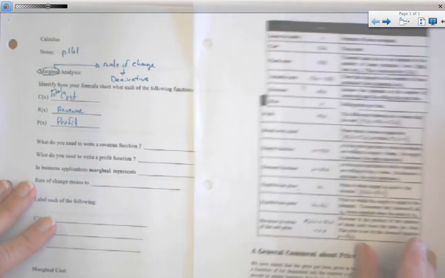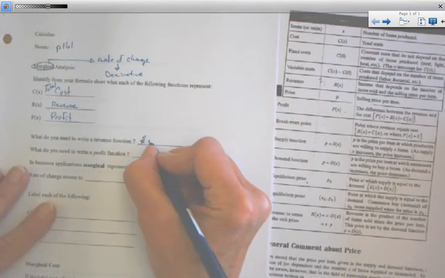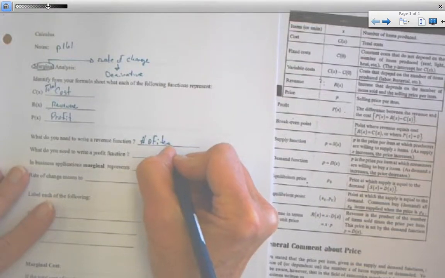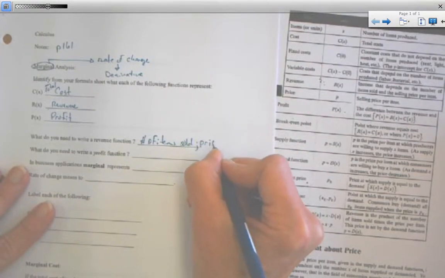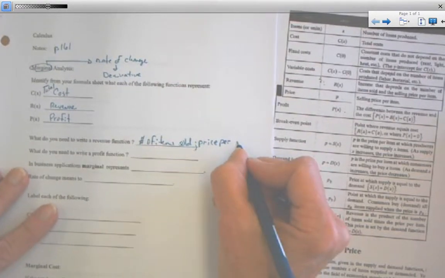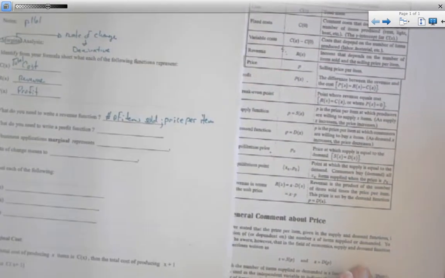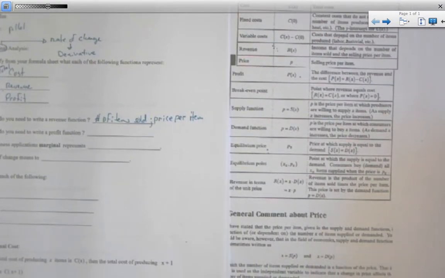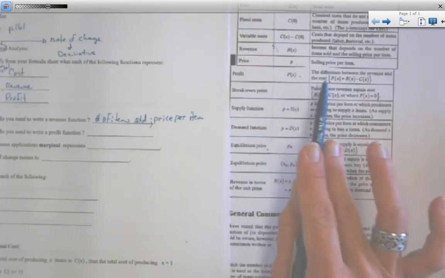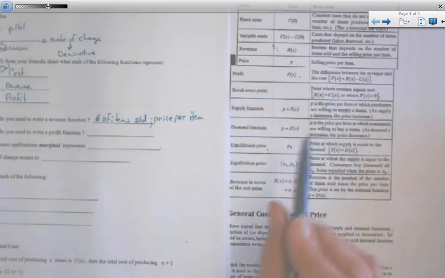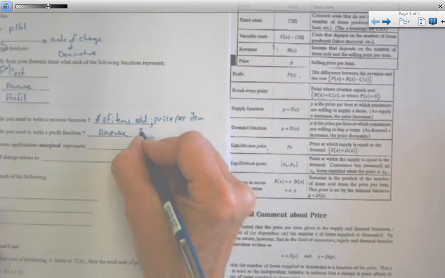So for the revenue function, we need the number of items sold and the price per item. What do you need to write a profit function? All right, so profit, on our chart right here, is the difference between the revenue and the cost. So we need a revenue and a cost function.